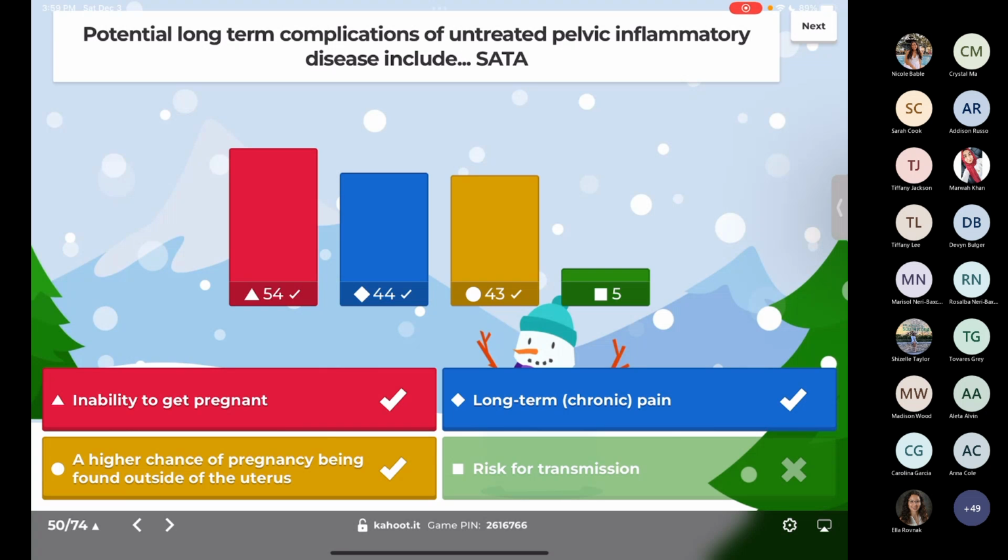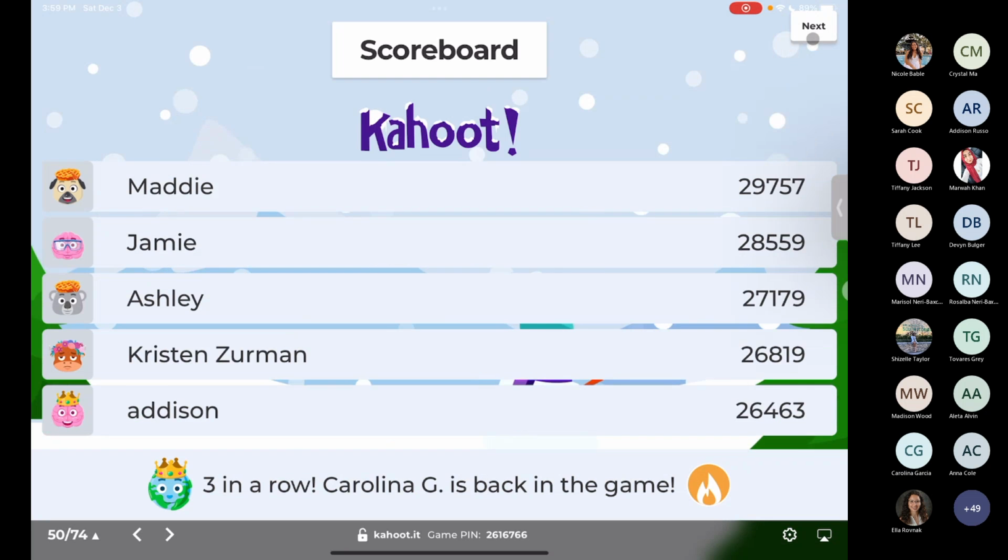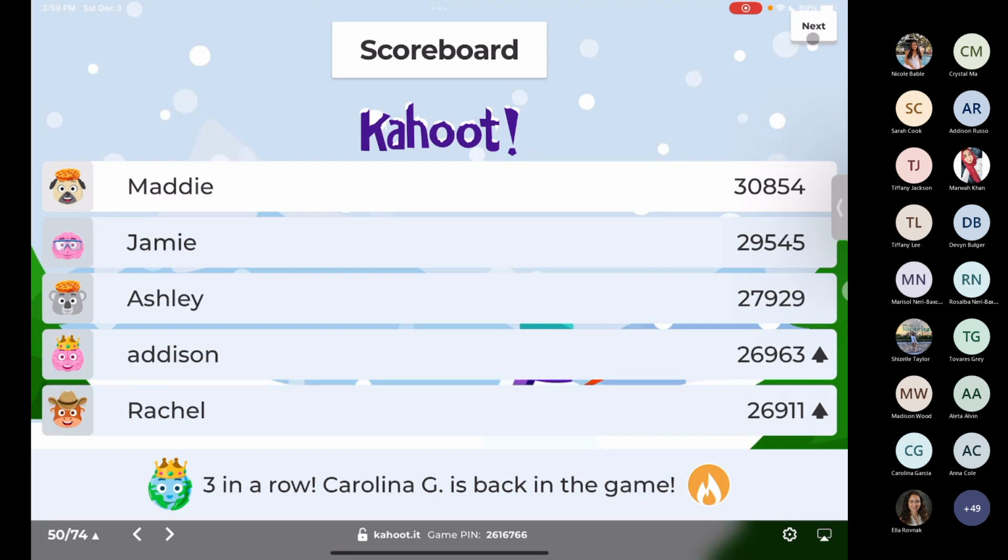So yes, we are really scared for pain, infertility, and ectopic pregnancy. Additionally, with pelvic inflammatory disease, you can't spread PID. However, if your PID is caused by an untreated STI, you could spread that STI. But if we're just talking about pelvic inflammatory disease, there's no risk for transmission, if that makes sense.